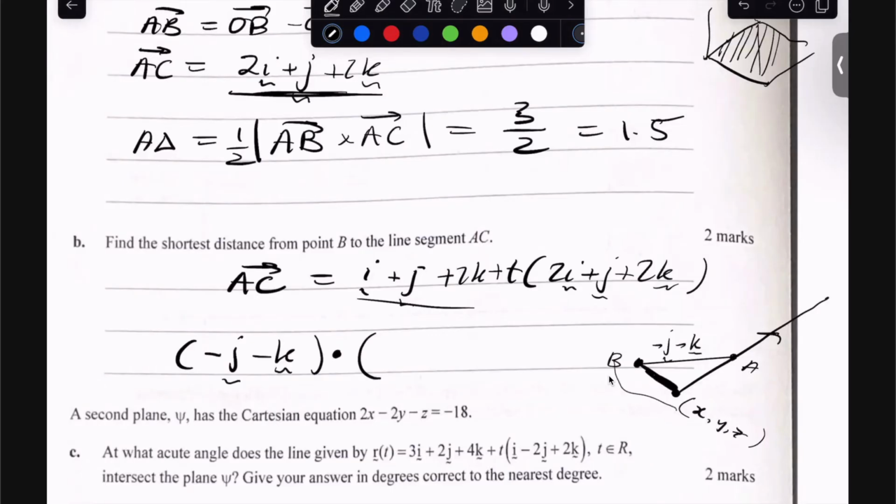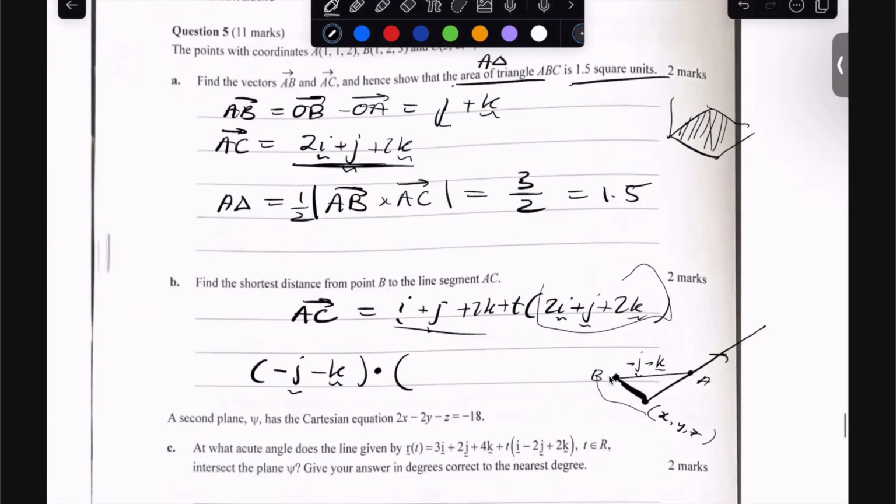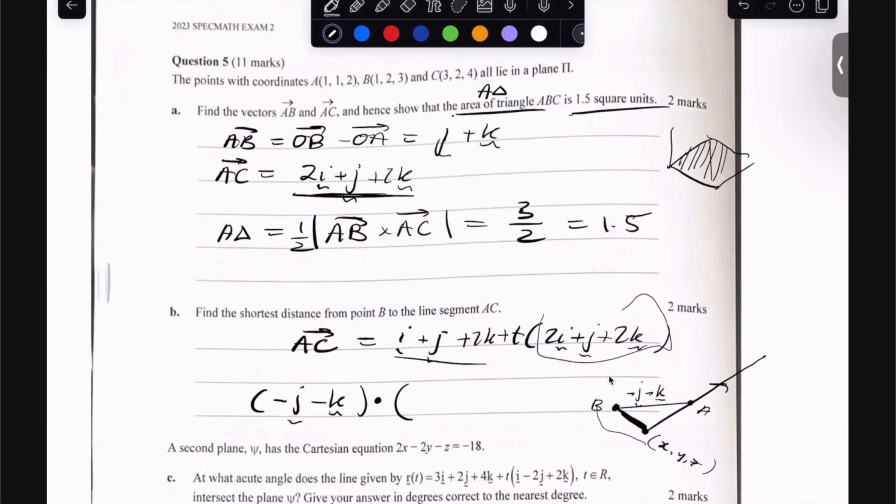X, y, z minus B, we want the dot product with that to be equal to 0. Right? So it could be pretty much anything, but we can choose. So we want x minus 1 times 2 plus y minus 2 times 1 plus z minus 3 times 2 to be equal to 0.